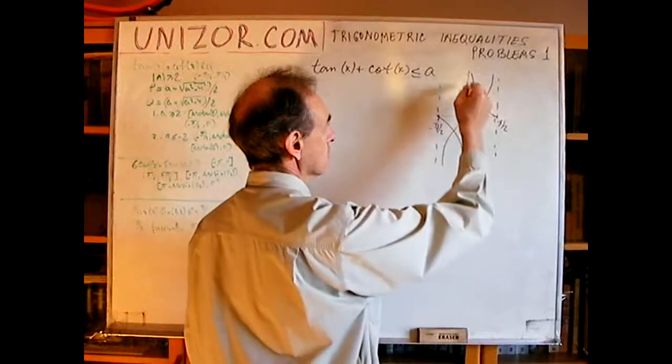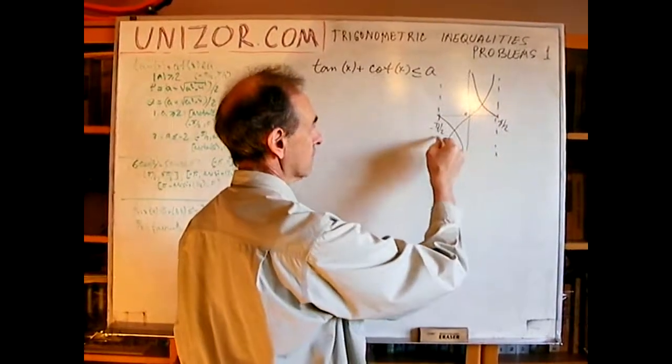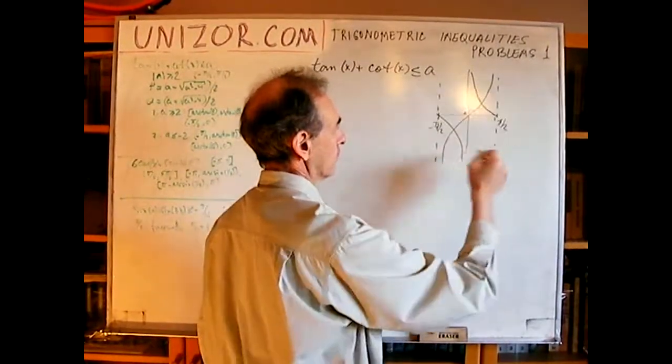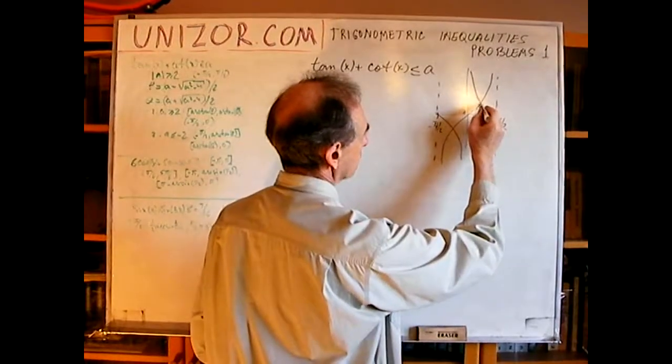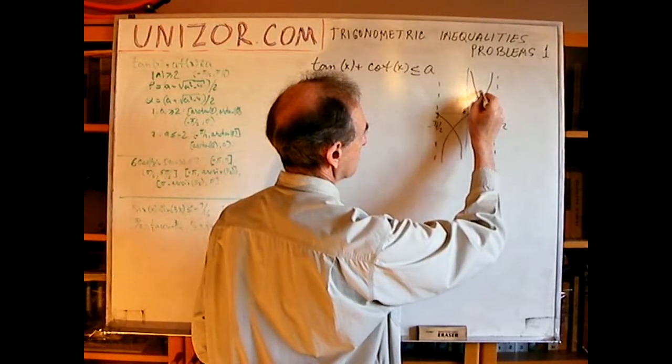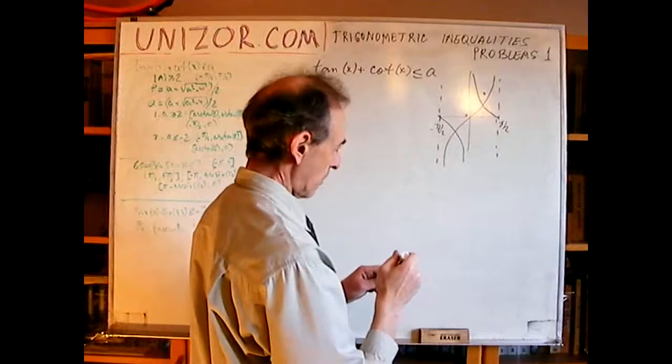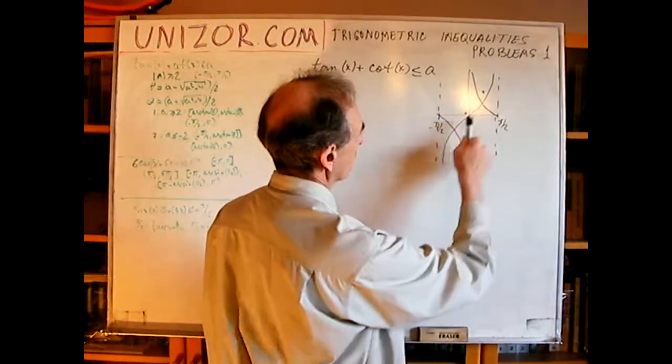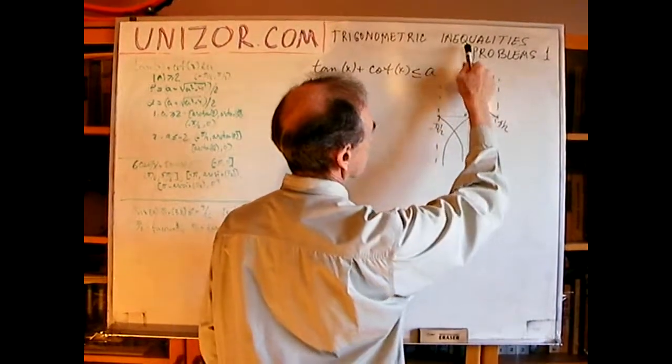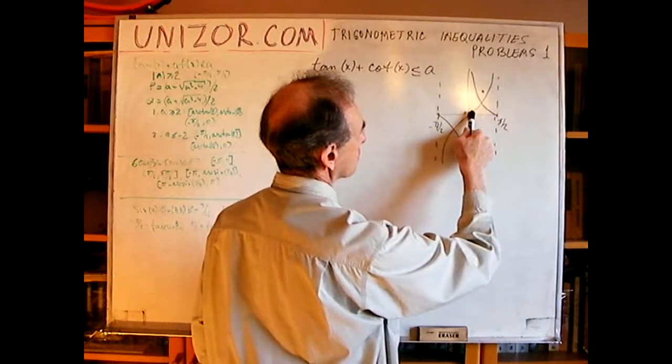So these are asymptotes: minus pi over 2, 0, and pi over 2. Now, at this point, they're both the same. And what happens then? One function goes to infinity and another goes to 0.